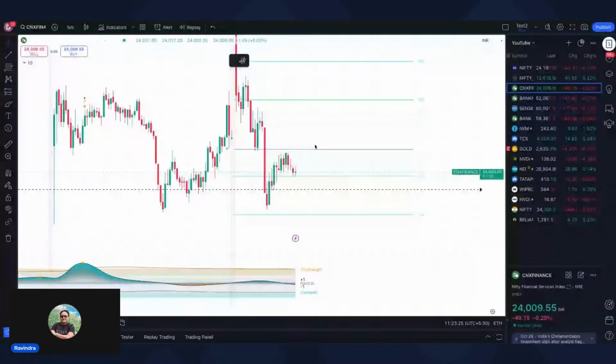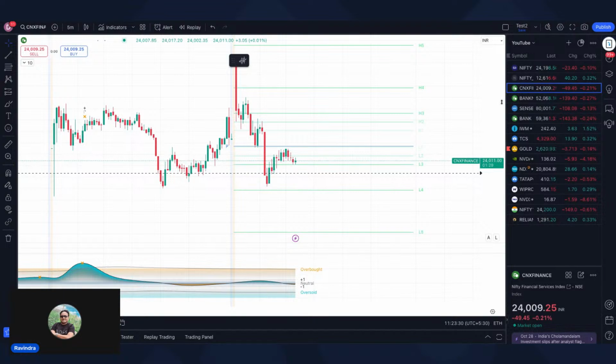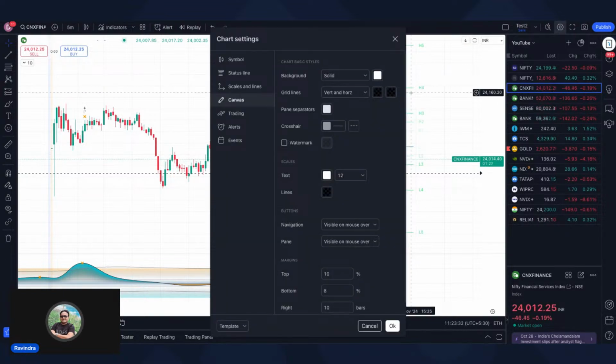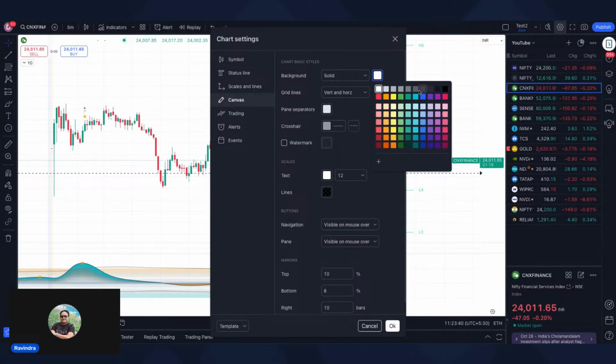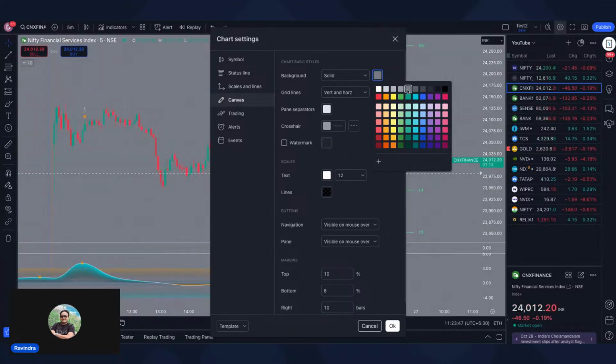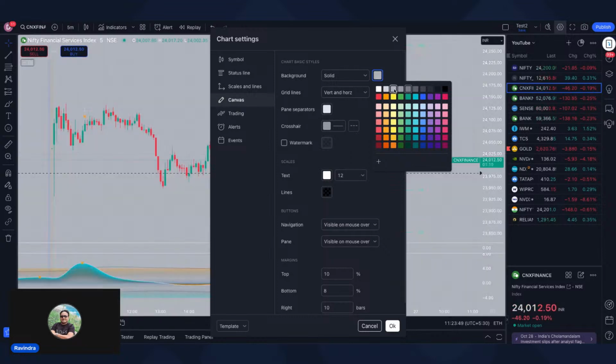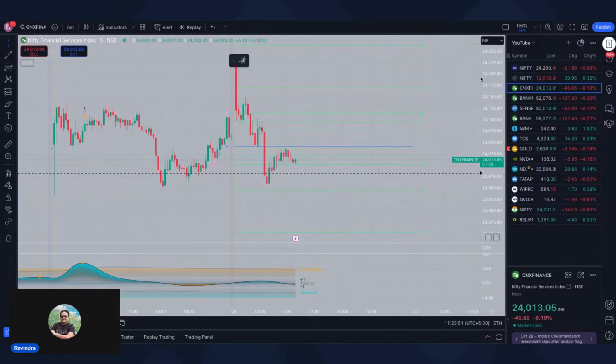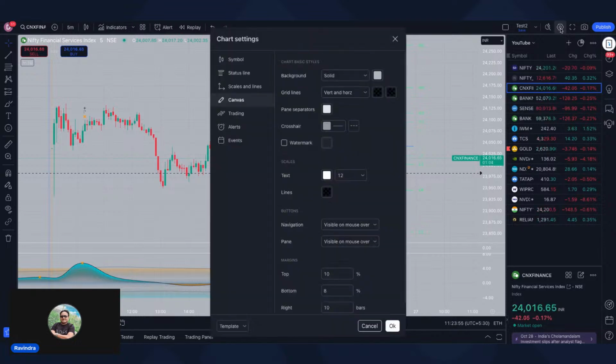All right. So this is FinNifty. I just changed the screen because a lot of people are asking about the white screen. Okay, these numbers are not visible. I'm not sure how to change them.